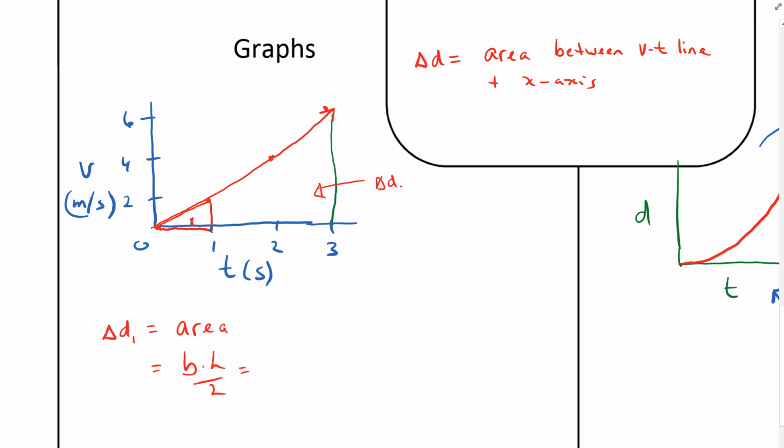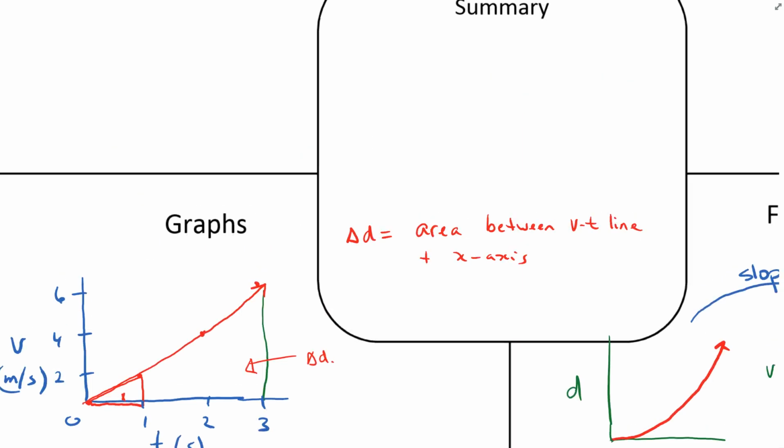The base is, well, this part here, that's 1 second, times the height, which is 2 meters per second. So 1 times 2 divided by 2, because it's a triangle, so that works out to 1 meter. So in other words, after 1 second, it has gone 1 meter.